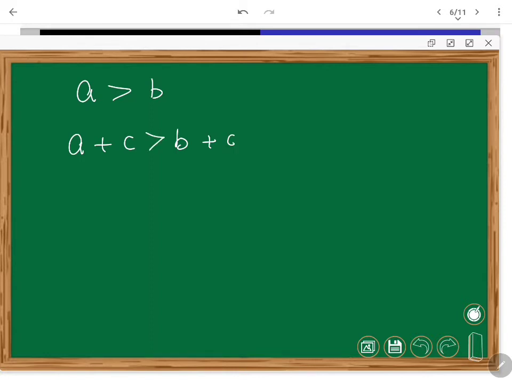Obviously, we are expecting A plus C is greater than B plus C. This is another result we can say. If A is greater than B, then addition with C again maintains that inequality. That is what it says. So addition is well behaved with order, we can say that.